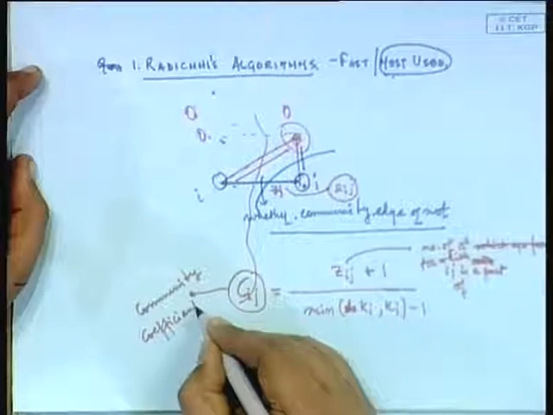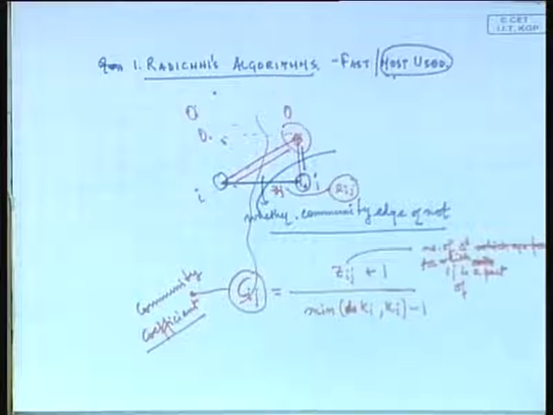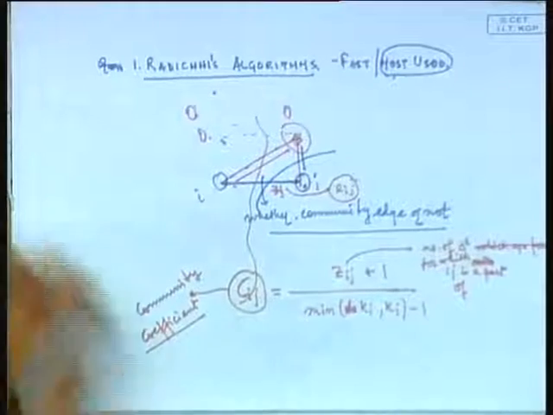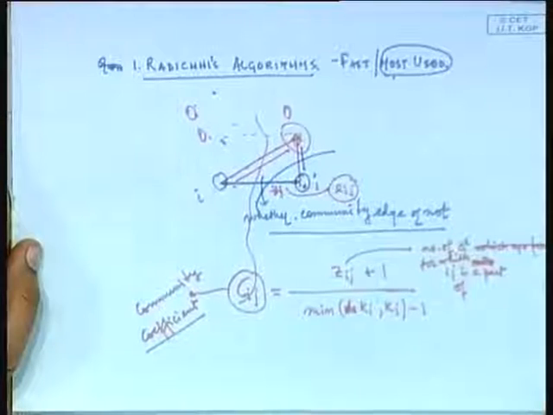We can call it community coefficient. Agreed? That is in the denominator. In the numerator, I have added 1 because it can be part of 0 cycles.